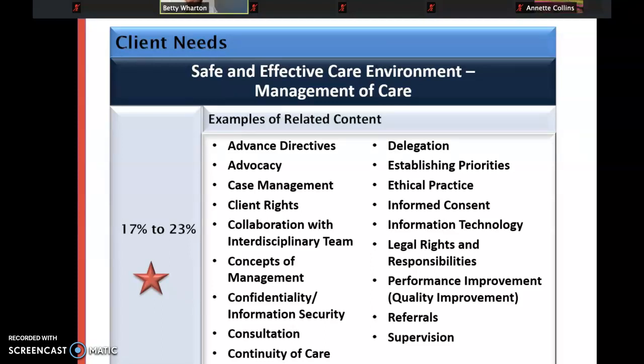Okay, management of care. That's a red star. Again, what they did when they looked at it at that time, they had to add some more things about information technology. How do we protect our passwords? We use diffusers over our screens. We were using fax machines. We're emailing. We're doing all these things with this patient's information.